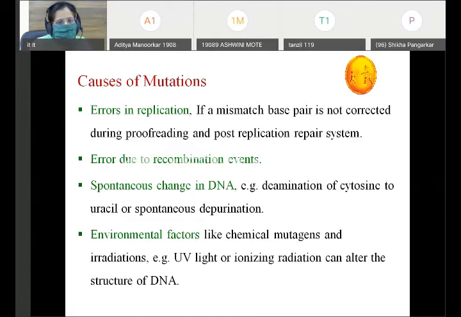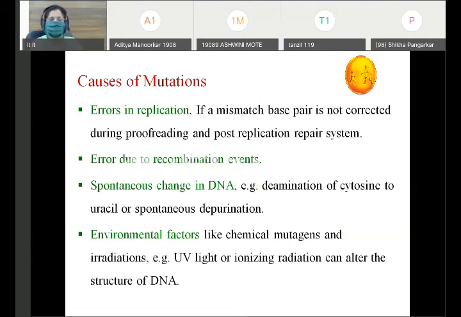Now, what are the causes of mutations? First and foremost is error in replication. Replication is the formation of two daughter DNA from a parent DNA. As we have seen, it is a semi-conservative procedure, and one most important thing in DNA replication is proofreading. The second chance of correction is the post-replication repair system.